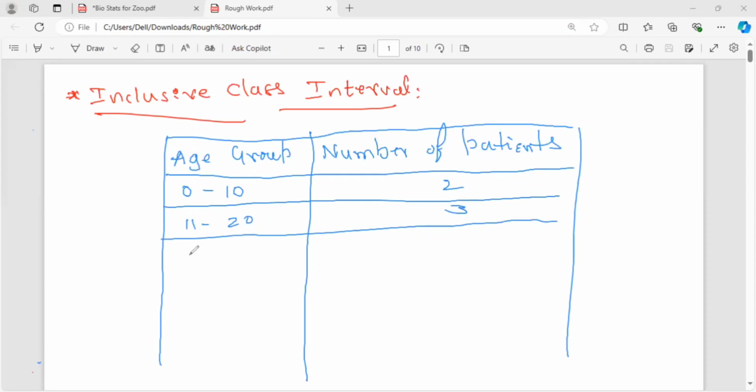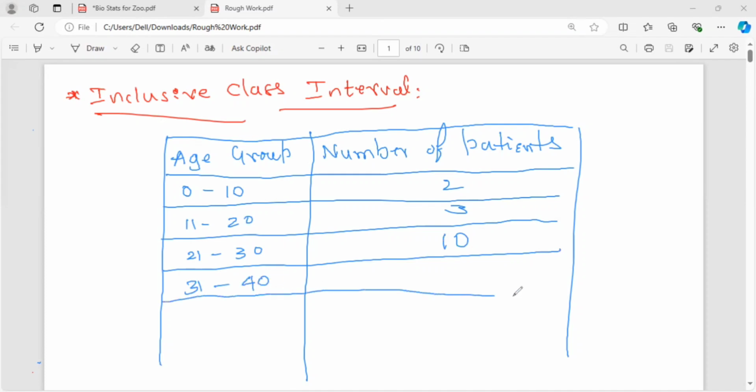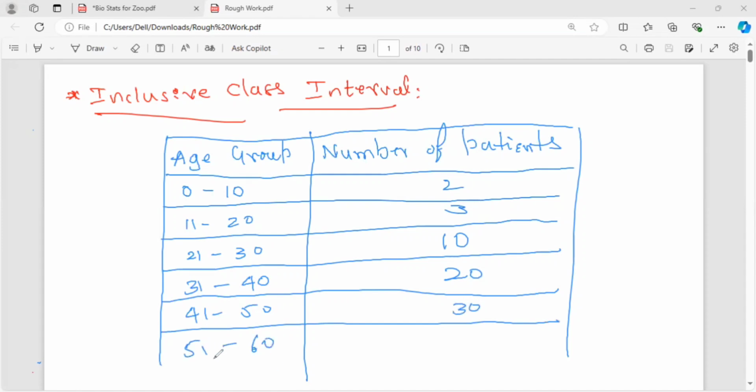Then 21 to 30, let us assume 10 are admitted. 31 to 40, let us assume 20 admitted. 41 to 50, let us assume 30 patients were admitted. 51 to 60, there are 5 patients admitted.